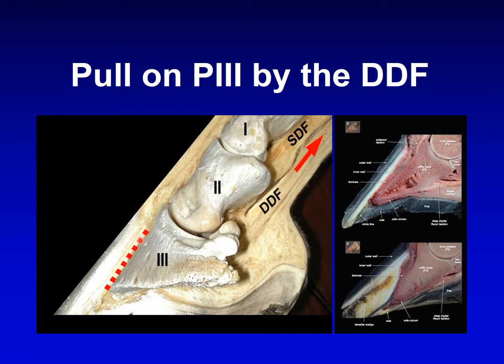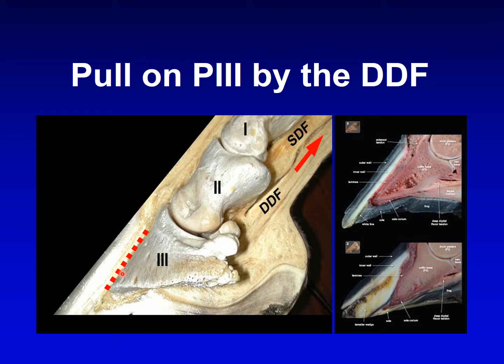The loss of the interdigitation between the two laminae and the oozing of blood in the space between them is called laminitis.